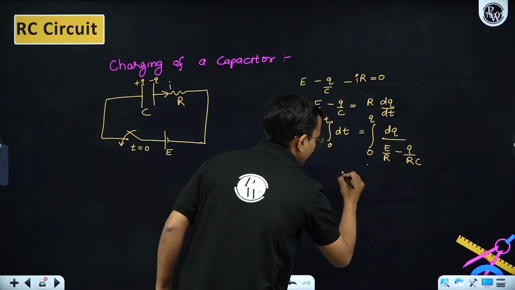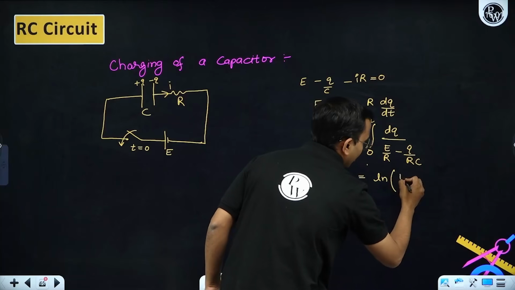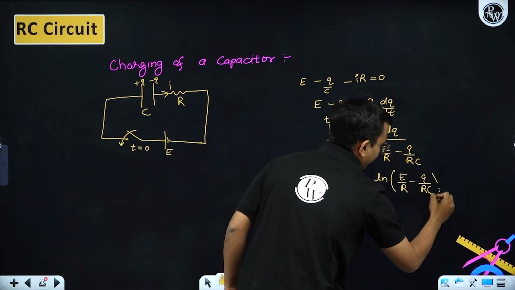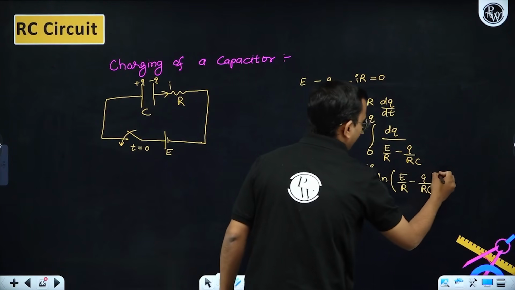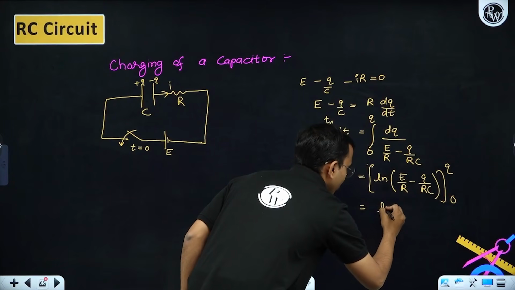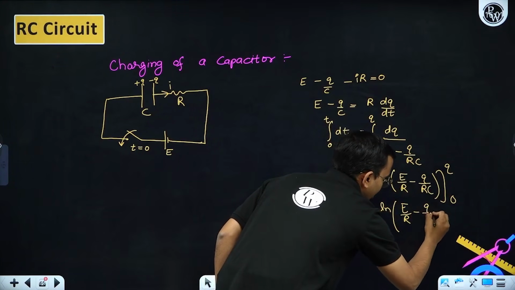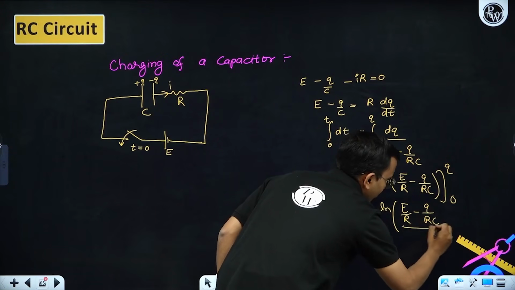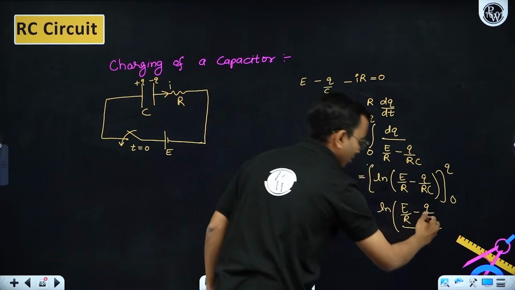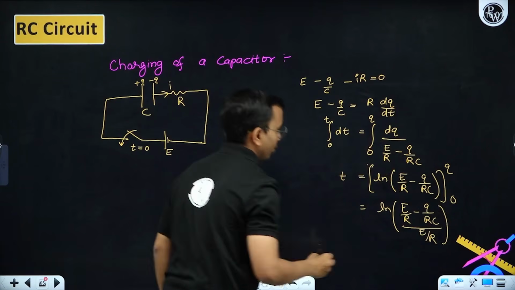So time, it will become t here, this will become ln of E by R minus Q by RC, and the limit will go from 0 to Q. Put this as Q, so this is E by R minus Q by RC, then put it as 0. If you put Q as 0, this will become just E by R. And this is t.